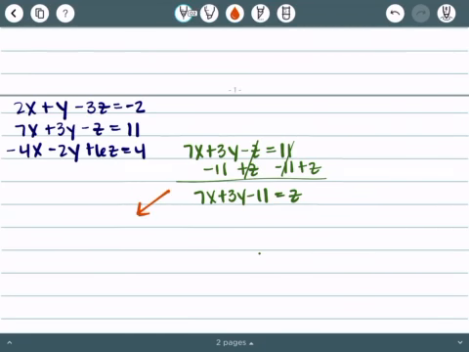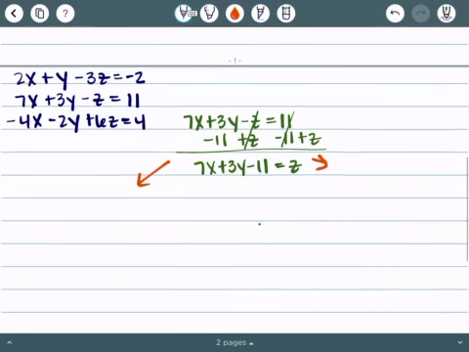So then we're going to create our corners by plugging into the top equation, which is 2x plus y minus 3, but instead of z, I'm going to put 7x plus 3y minus 11, equals negative 2.